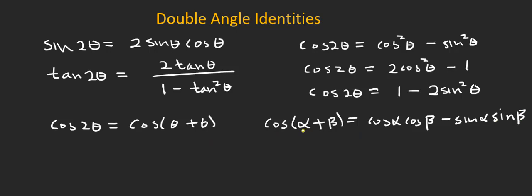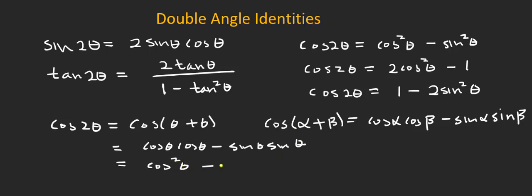So again, alpha is theta and beta is theta. When you plug it in, you end up with cosine theta cosine theta minus sine theta sine theta. So you end up with cosine squared theta minus sine squared theta. That's how they got this identity right there.